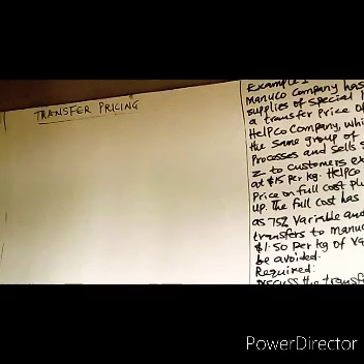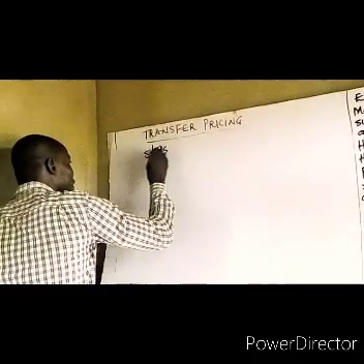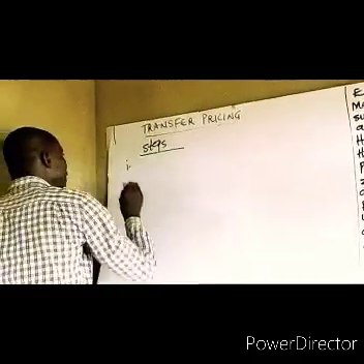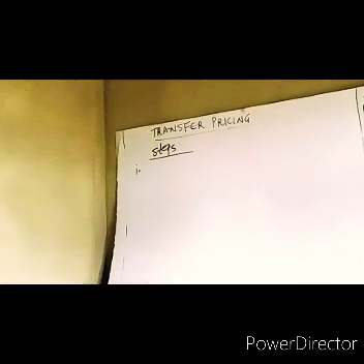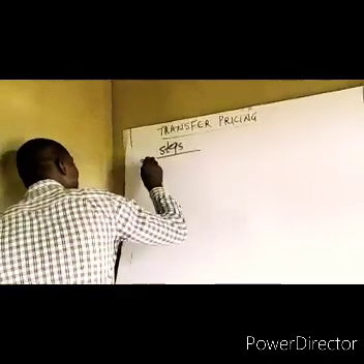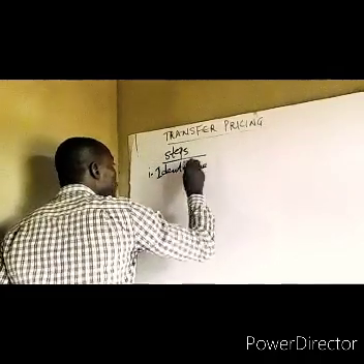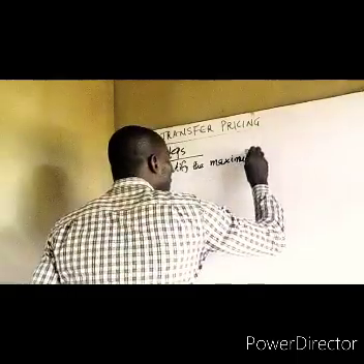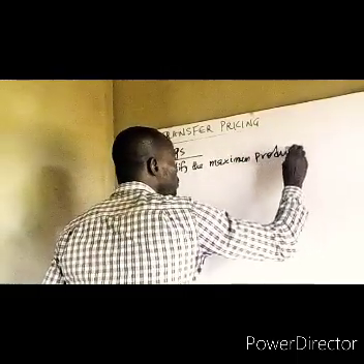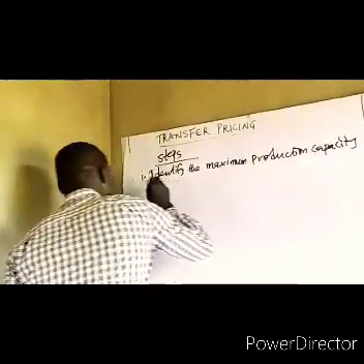Steps in solving problems involving the transfer price. The first step is to identify the maximum production capacity of the selling division.